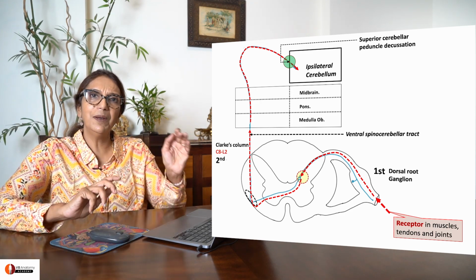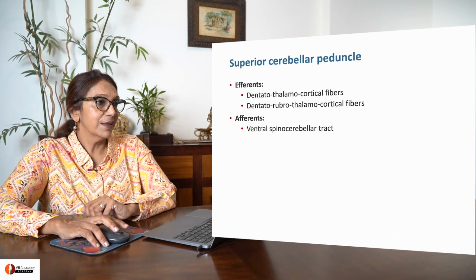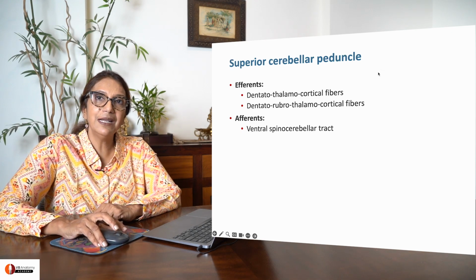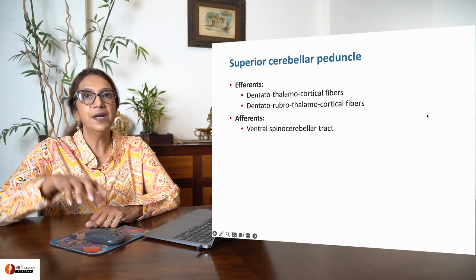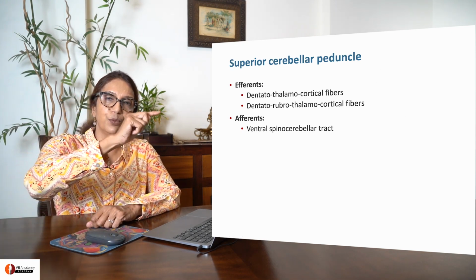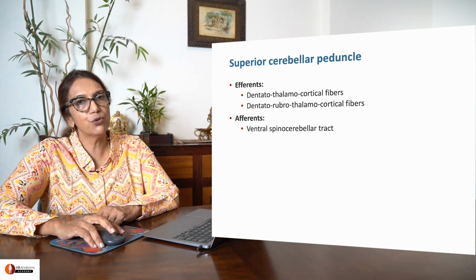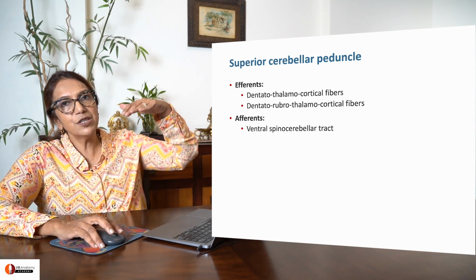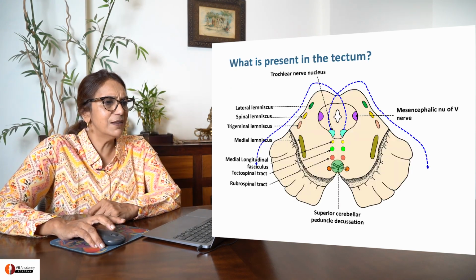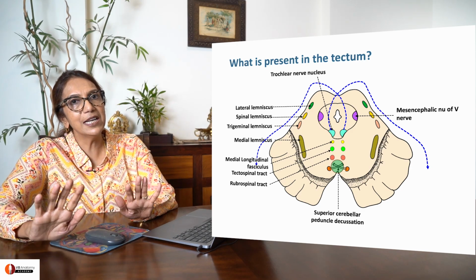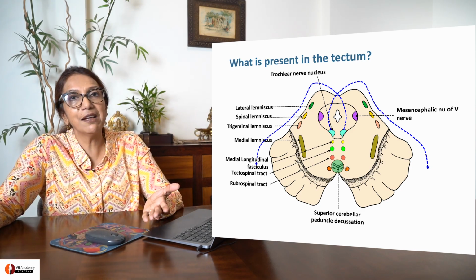If you can, please ponder upon this. Thus, superior cerebellar peduncle has efferents from cerebellum, dentatothalamic, dentatorubral, and has afferents, the ventral spinocerebellar tract, which are going towards the cerebellum. There's a lot more we can discuss, but we will leave it at that because otherwise we can never end our lecture.